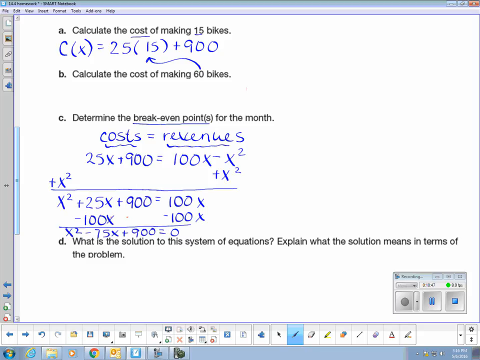And the reason why it doesn't look easy to me to factor is I would have to come up with two numbers that multiply to 900, but also add to negative 75. So I would imagine that most of you at this point would probably use the quadratic formula.